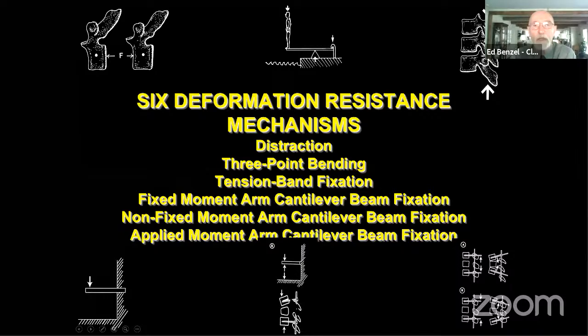It's still a beam, but we'll call this a non-fixed moment arm cantilever beam. And then we can apply bending moments with shank screws or cast bar pins, and we'll call that type of a beam a fixed, an applied bending moment beam.